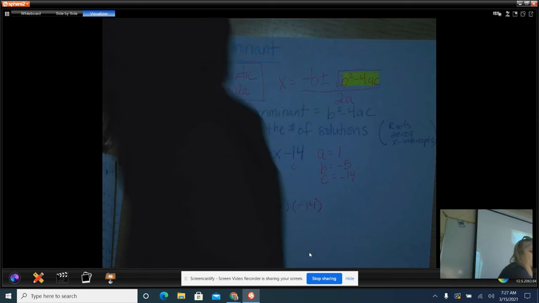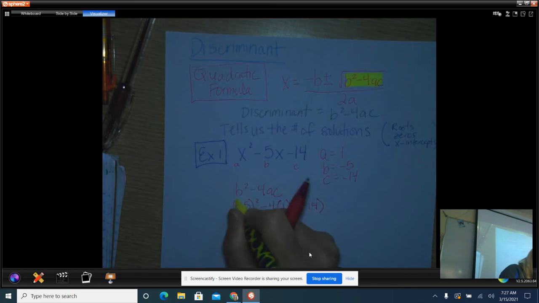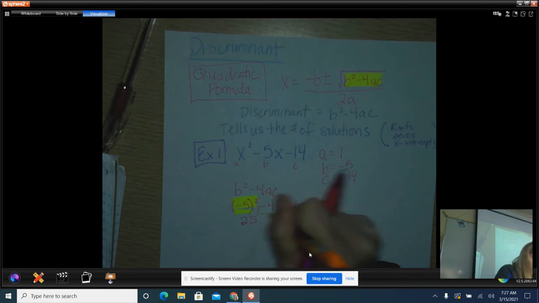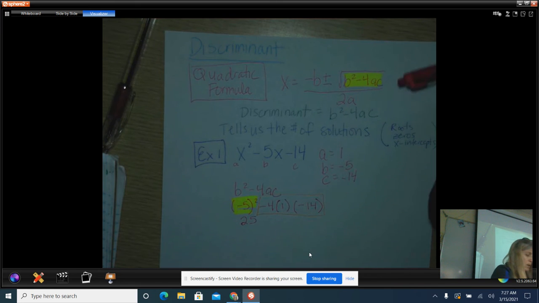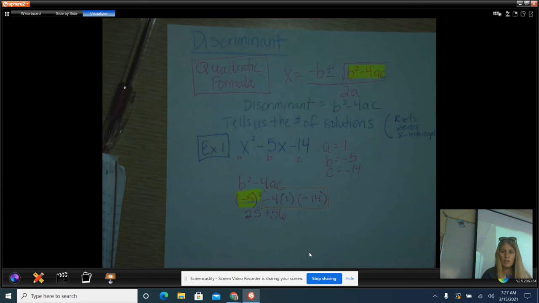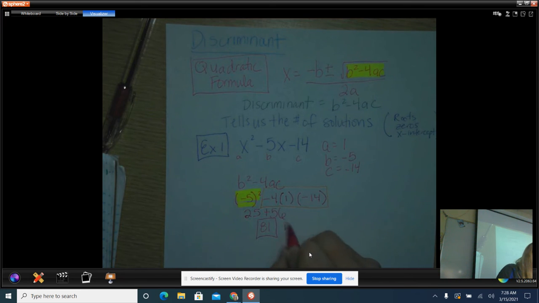Remember, we always solve our square first. Then we multiply: negative 4 times 1 is negative 4, and negative 4 times negative 14 is positive 56. Then 25 plus 56 is 81. Now this 81 right here is our discriminant.